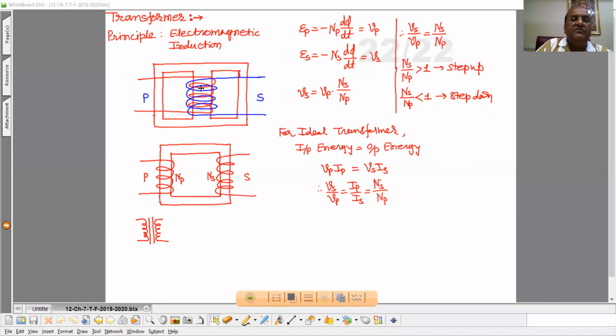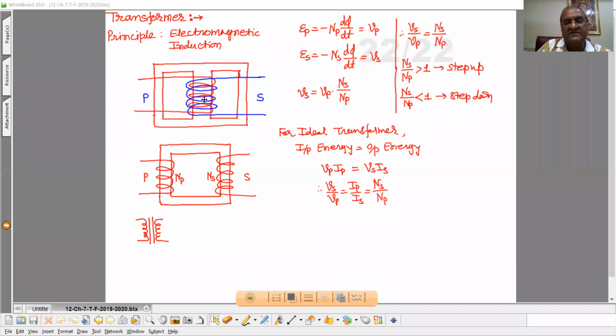In the third chapter we studied that resistance R is rho L by A. So if the cross-sectional area of the wire is more, for thick wire, the resistance is less. So we have to use thick wires for the winding of the transformer.